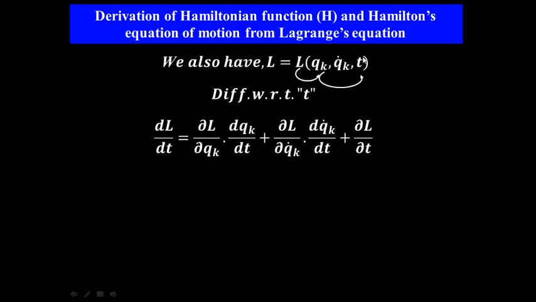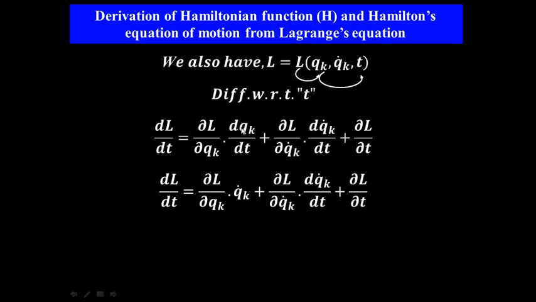This is the expansion of the chain rule on the right hand side: del L by del qk into dqk by dt plus del L by del qk dot into dqk dot by dt plus the partial derivative of L with respect to t, del L by del t.